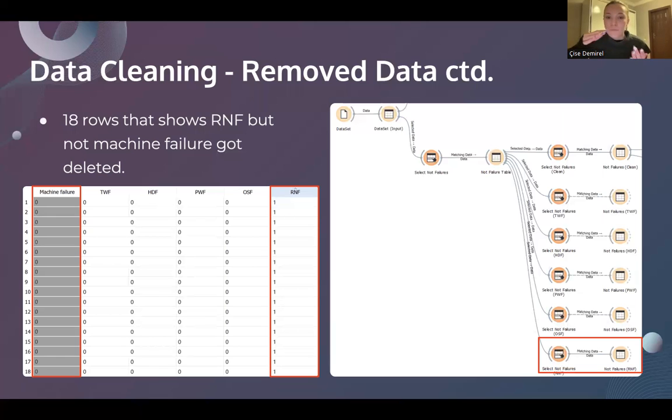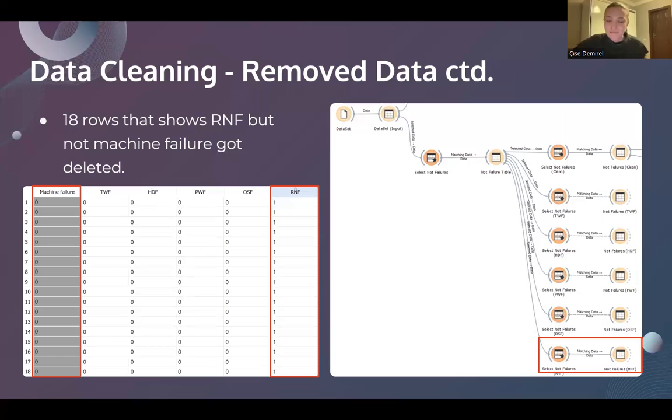If it was a different failure type, maybe we would change these zeros to 1, but since it is RNF and we decided to remove that failure type, we chose to remove all that data. It is not very often that we are deleting from target values.